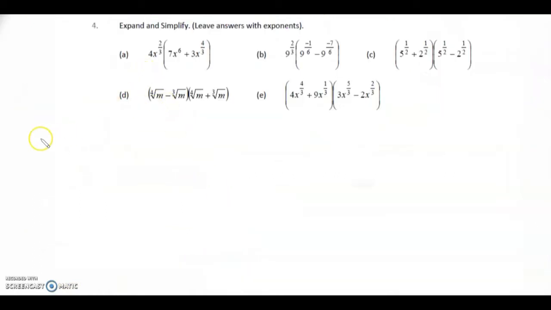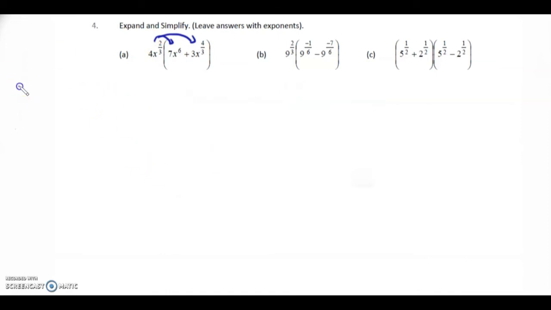Okay, number 4a. What we're going to do is we're going to expand this into the bracket. You know what? Let me move D and E. Okay, so for 4a, 4 times 7 is 28. Okay, and then we're going to add 2/3 and 6.